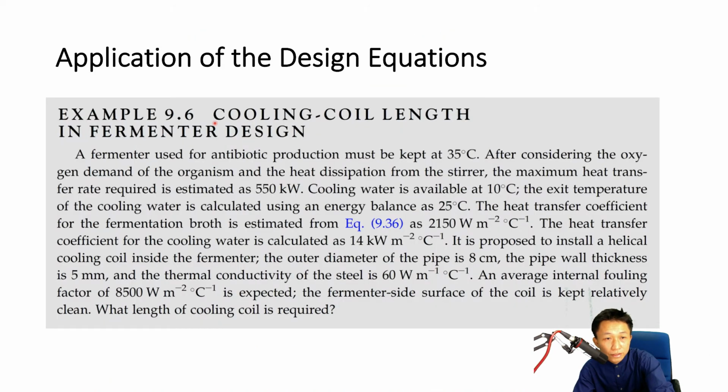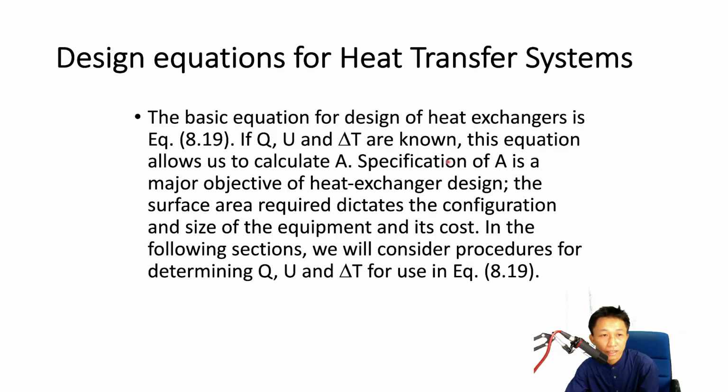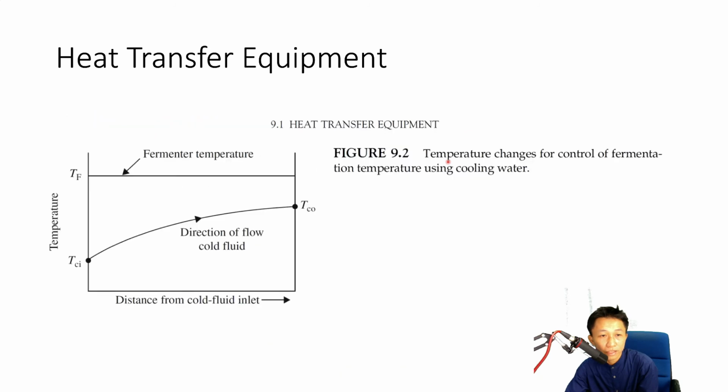And in this one, we calculate the cooling coil length in a fermentation design. The fermentation is used for antibiotic production. Okay, we want to keep the temperature constant at some point.